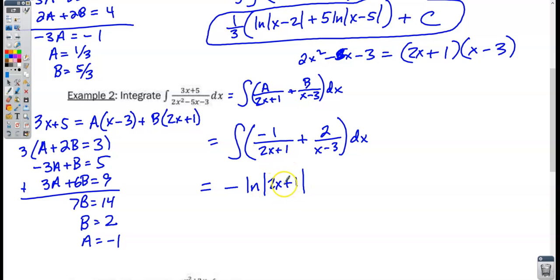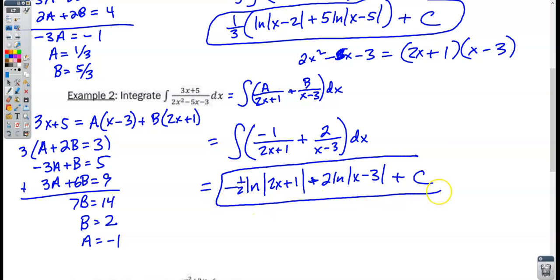Derivative of the inside is 2. So the derivative of this is actually twice what this fraction is. So I need to have a negative 1/2 in there. And then this one plays out straight. And there is the integral in example 2.